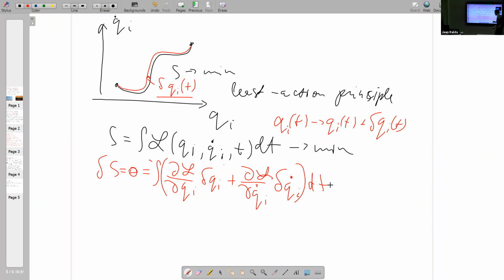And the integral is taken from the starting point to the ending point. And here we assume that we sum over all the i's, because of repeating indices, we sum over repeating indices.